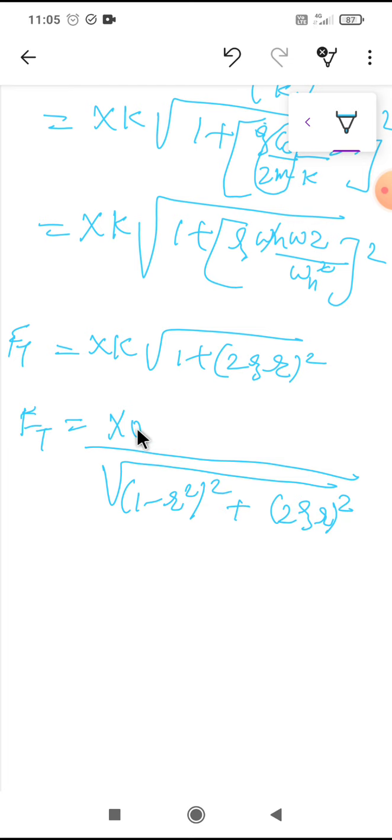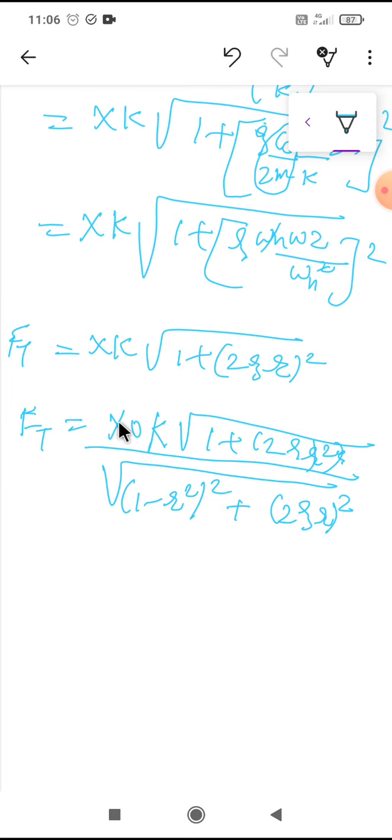This is x. And what is f of t then? Then f of t will be x0 into k under root 1 plus 2 zeta r whole square, whole square.